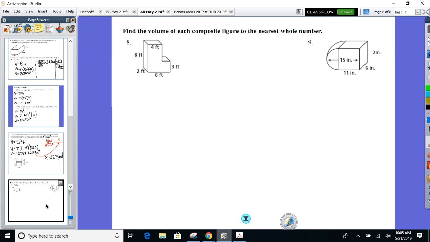Try to cut it up either with a horizontal or a vertical line to make it into 2 prisms. Okay, where did the 6 by 2 by 8 come from? So this is this whole thing right here, right?